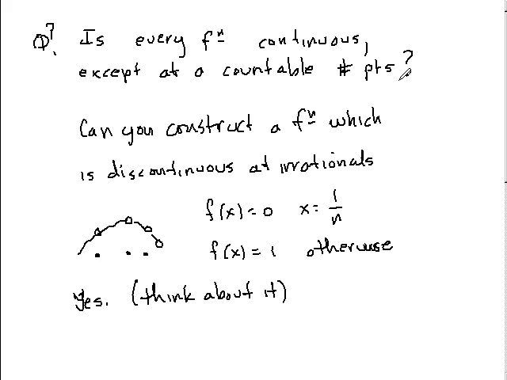So there is a deep relationship here, and let me extend the question from a countable number of points to a set of measure 0. It anticipates the next lecture a little bit. Is every function continuous except for a set of measure 0? And the answer is no, because if a function were continuous except for a set of measure 0, it would be Riemann integrable, and not all functions are Riemann integrable.